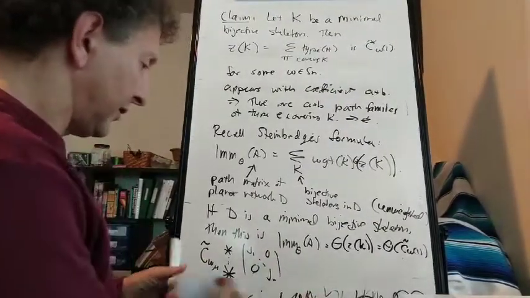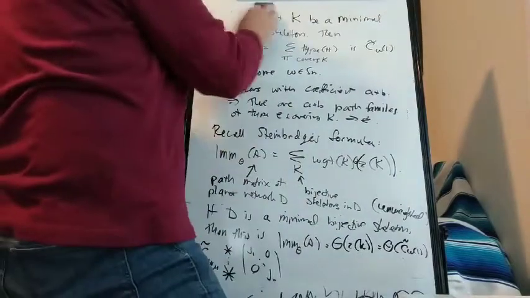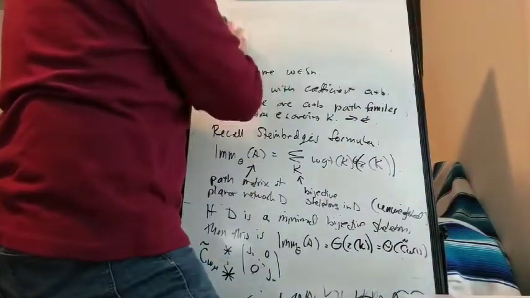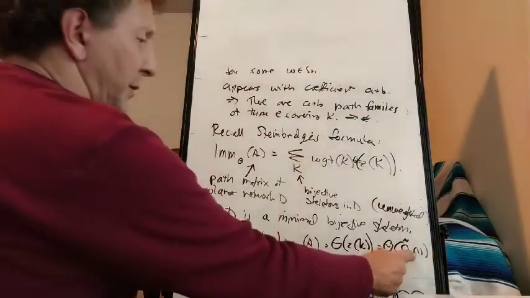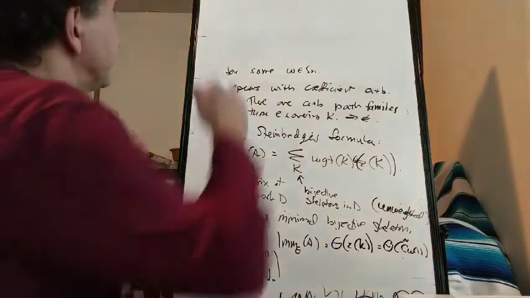So now the question is, for which permutations W can we do this? Which permutations are going to end up there? Not all of them.